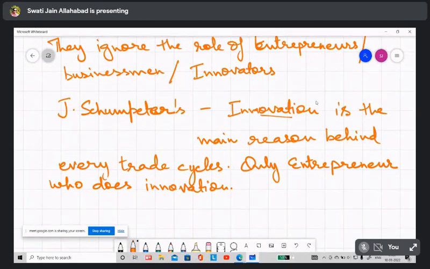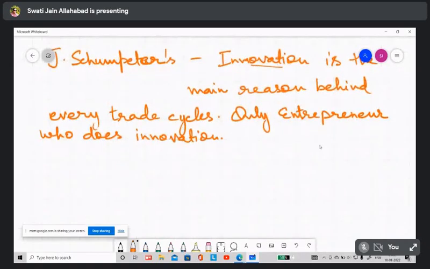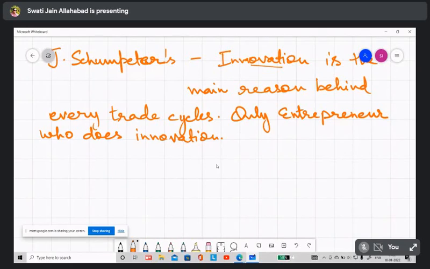But it is only the entrepreneur who can do innovation and who can create business cycles. So the major reason behind business cycle is the entrepreneurial activity or innovation activities in the economy, right? So with innovation, technology changes and then business cycles are created.